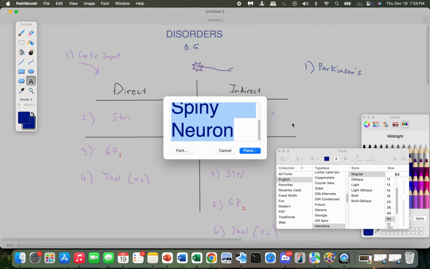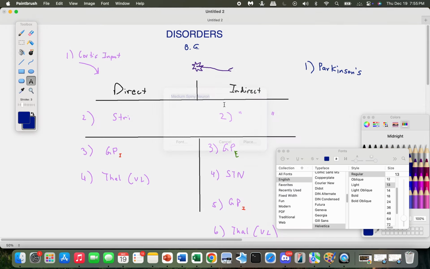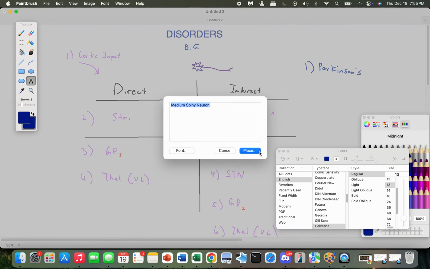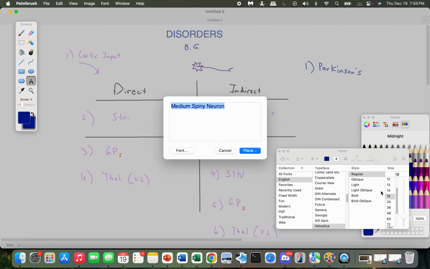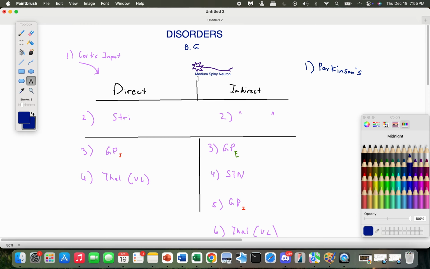Okay, it's a little too big. Let's change that. All right, a little too small. And again, it's not that important, but it's kind of helpful to know. So this medium spiny neuron has something called a D1 receptor, and it also has a D2 receptor. And these two are mediated by dopamine.